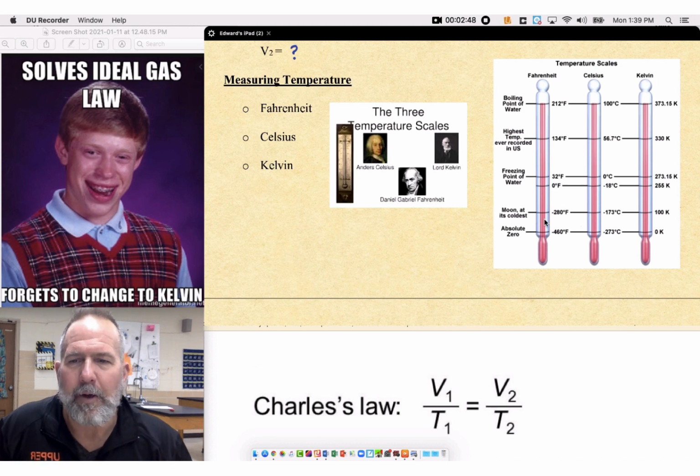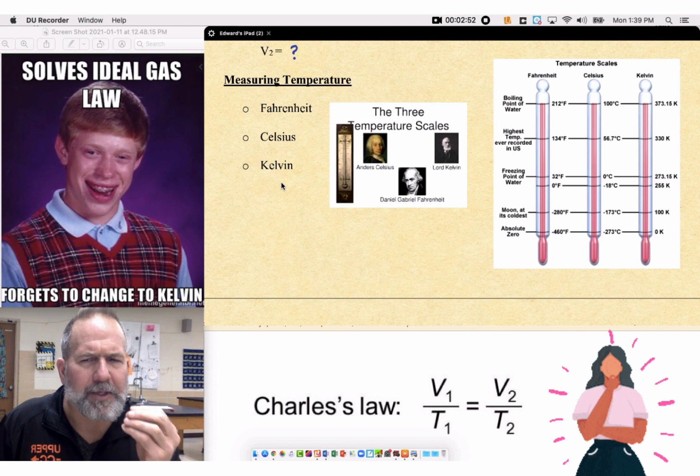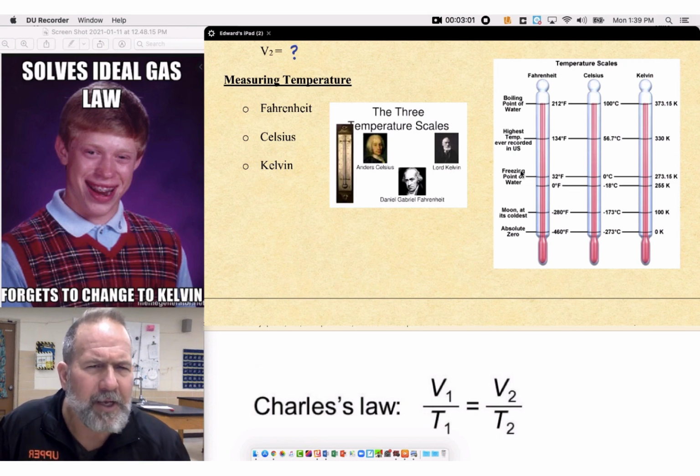All right, now the third guy, Kelvin. Kelvin realizes there's something fundamentally wrong with this scale. And that thing that's fundamentally wrong with the scale is down here, below 0, in the negatives, right?